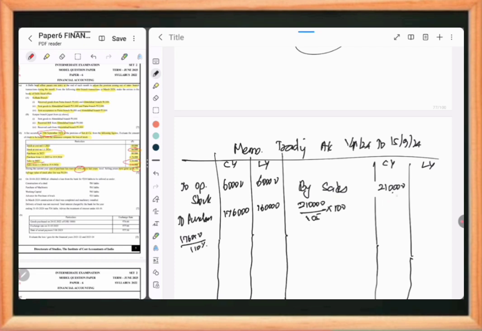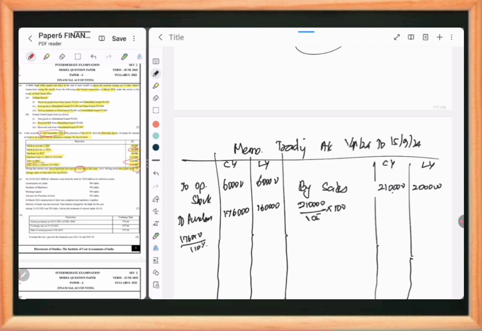For 105%, if it is 2,10,000, how much should it be for 100? 2,10,000 divided by 105 into 100, that is 2 lakh. So this is 2 lakh.